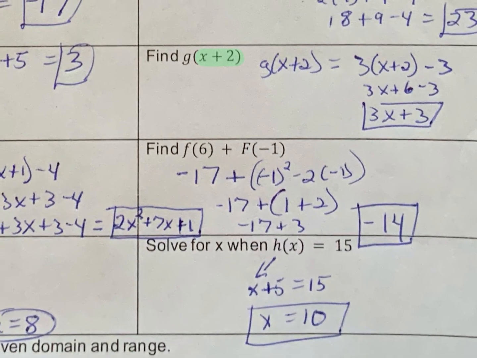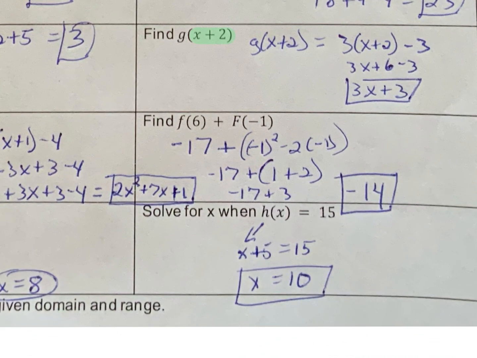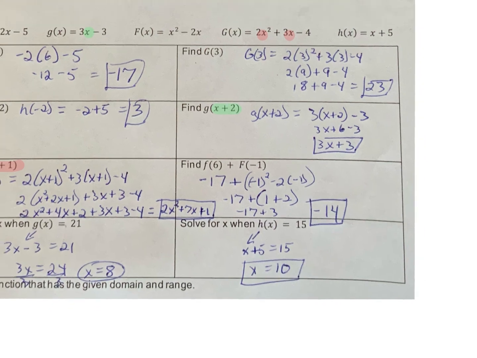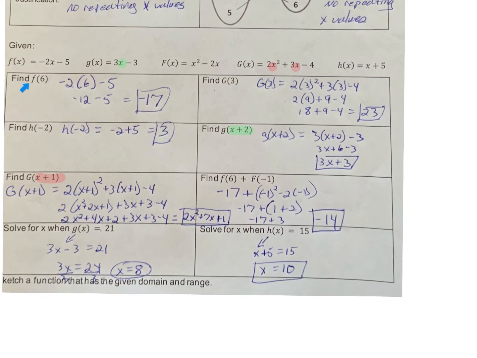So now, I know in interest of time, I'm trying not to cover everything in major detail, but here's f of 6 plus capital F of negative 1. Well, we already worked out f of 6, and we got negative 17. I'm just pulling that from up here. f of 6 is negative 17. And then I find f of negative 1.